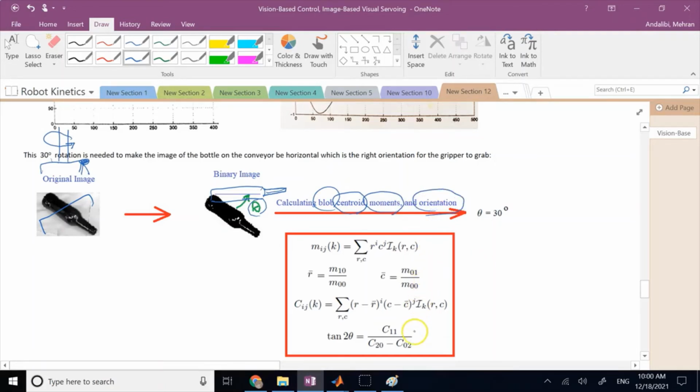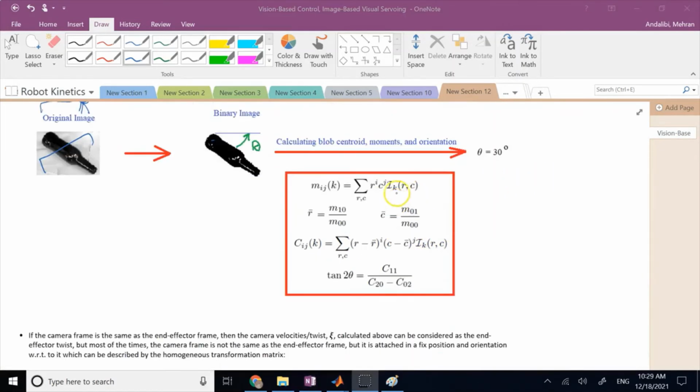And these are some simple formulas in computer vision that if I have a binary blob, again meaning 0 and 1, so assume that the blob is 1 and the background is black, I can find the i,j-th moment of the blob as the summation of the row index of any point on the blob to the power i, the column index of any point on the blob to the power j, times the intensity at that location. And if the image is black and white or binary, then this intensity is either 0 or 1.